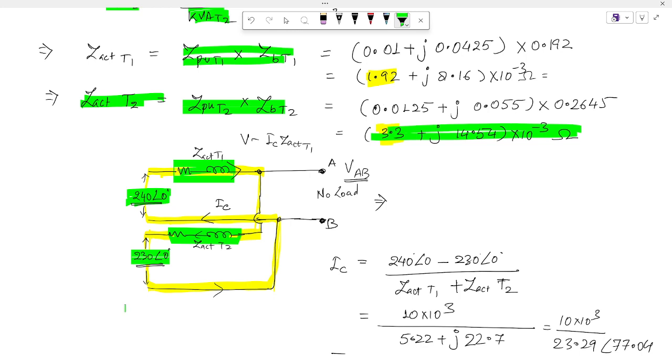Since they are operating in parallel, we can assume that current is moving from point X to point Y and then back to X in this way.